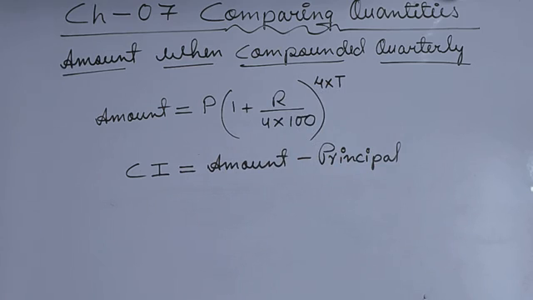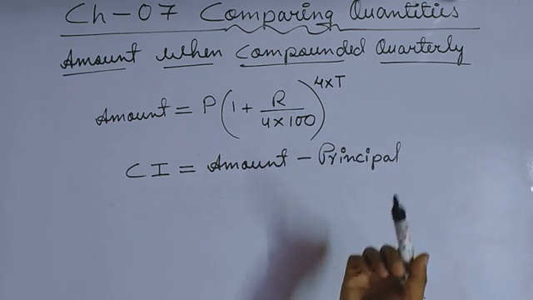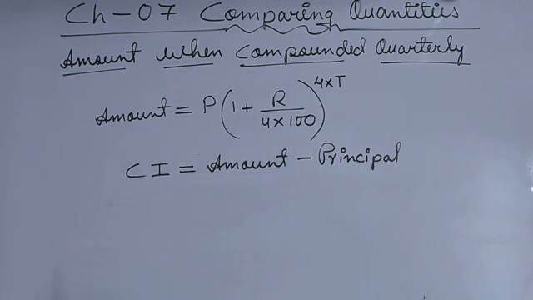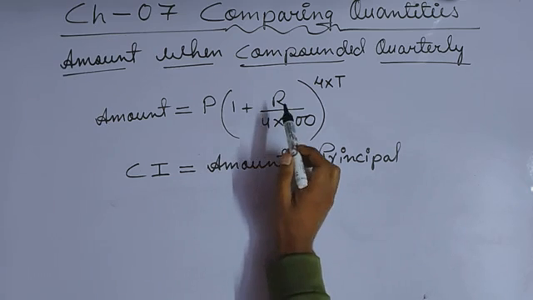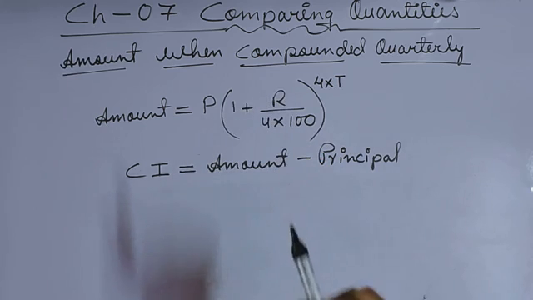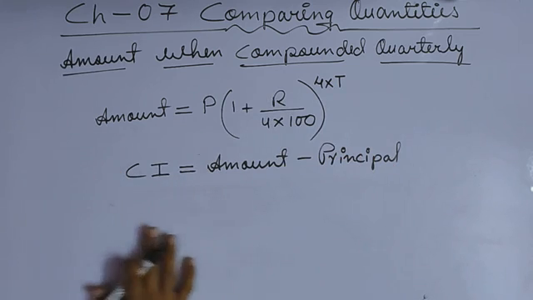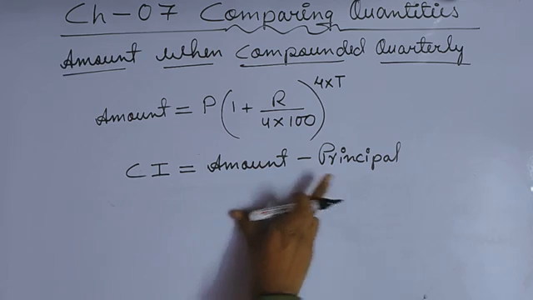As we saw in the half-yearly case, where the rate becomes half and the time becomes twice, here the rate becomes 1/4 and the time becomes 4 times.